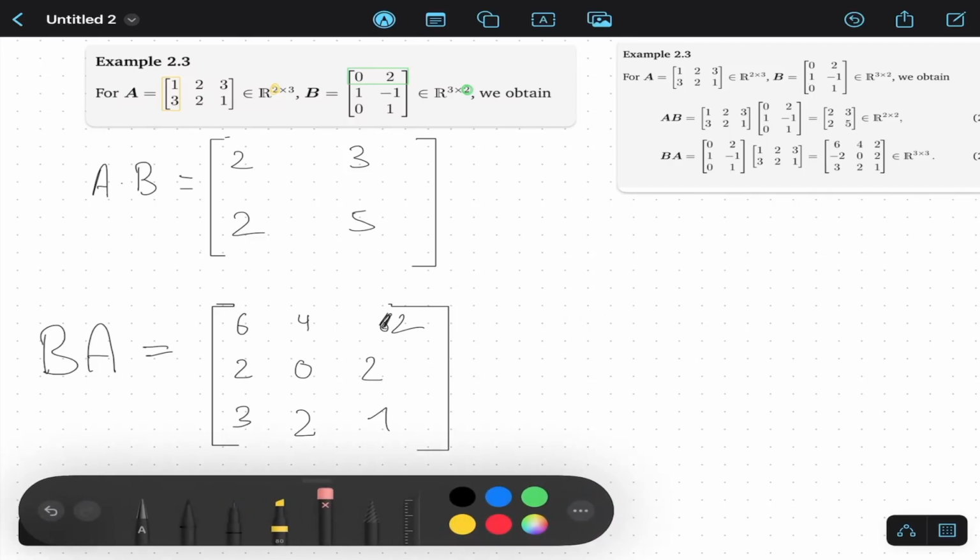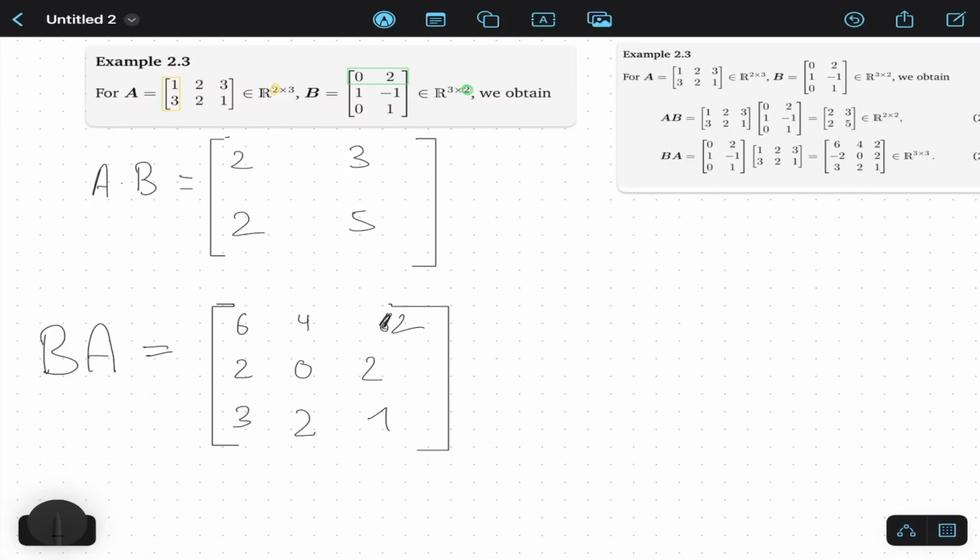Okay, second row. Second row is, we moved the green one down. So it's 1 plus minus 3, which is minus 2. Yes. 1 plus minus, sorry, not 1. We are moving both down.